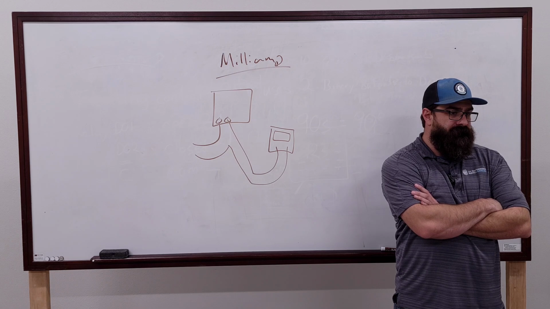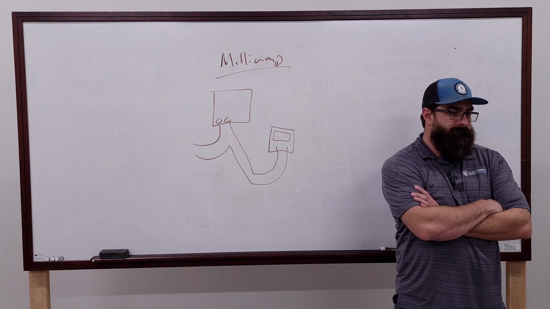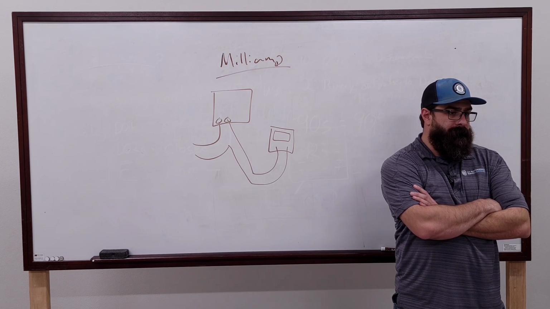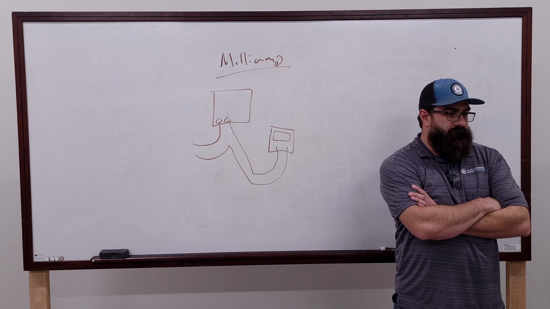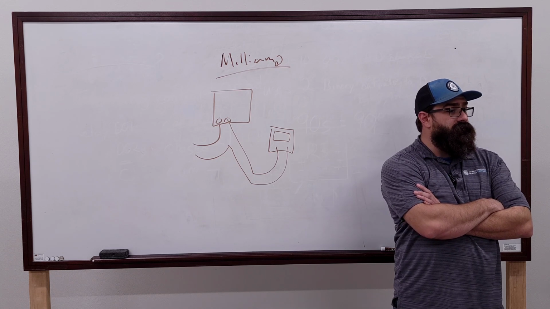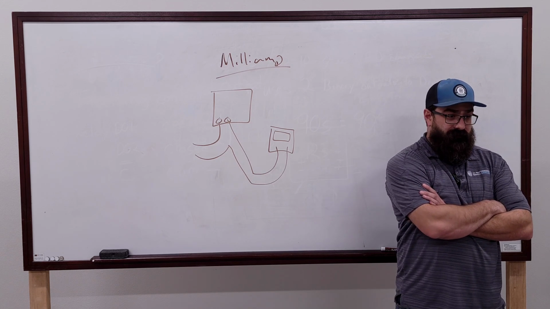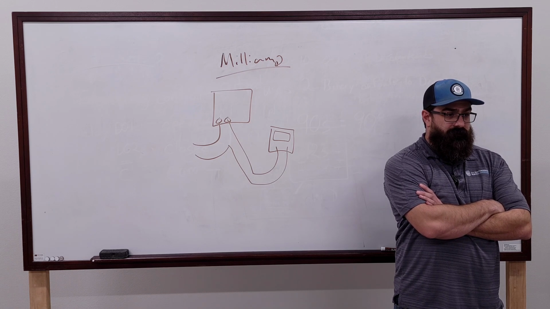Is there a way for me to confirm at the controller that I'm getting the correct command for heat to the controller? To the controller, yeah. To the controller or from the controller? To. And I'll go just that controller.